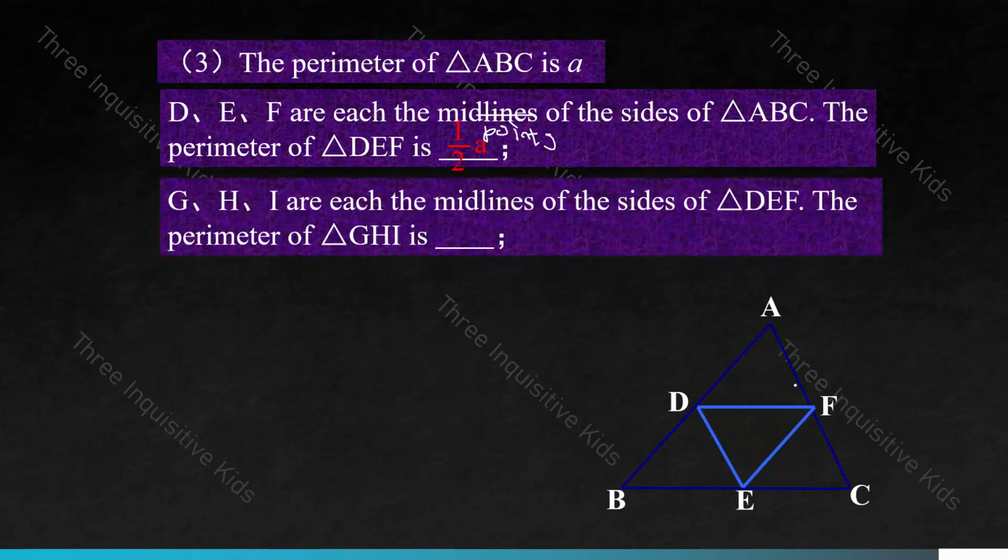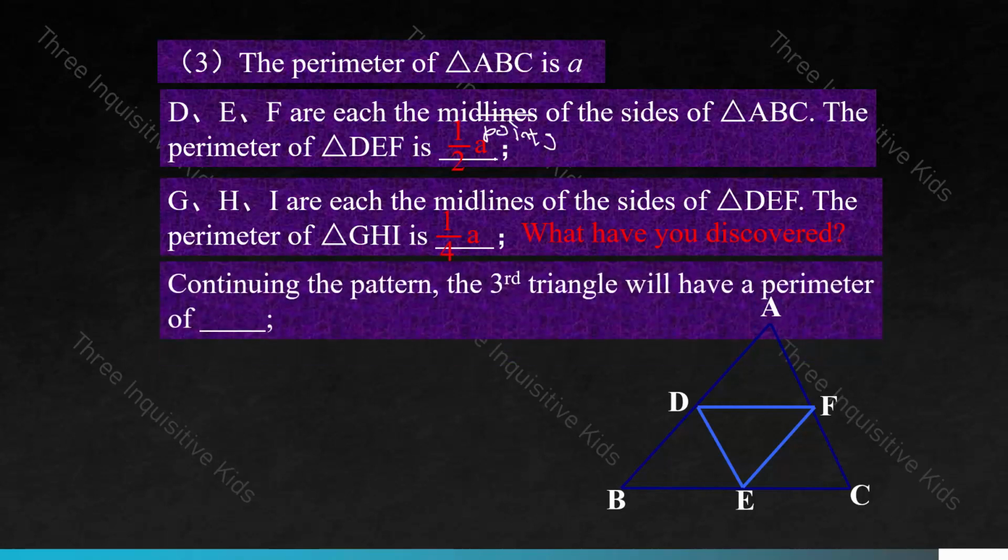G, H, and I are each the midpoints of the sides of triangle DEF. What would be the perimeter of GHI? Well then, that would be 1/2 of 1/2 of A, which would be 1/4 of A. So from this, what have you concluded?